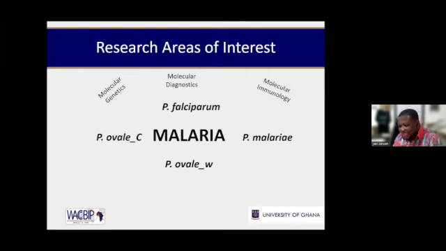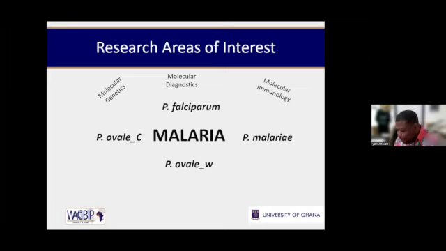So over time, I use genetic approaches to understand the parasite. In the group also, because we deal directly with clinics, we ended up developing a lot of molecular diagnostic tools. And my basic interest has always been in trying to understand what the correlates of protection are, helping us design possible vaccines.